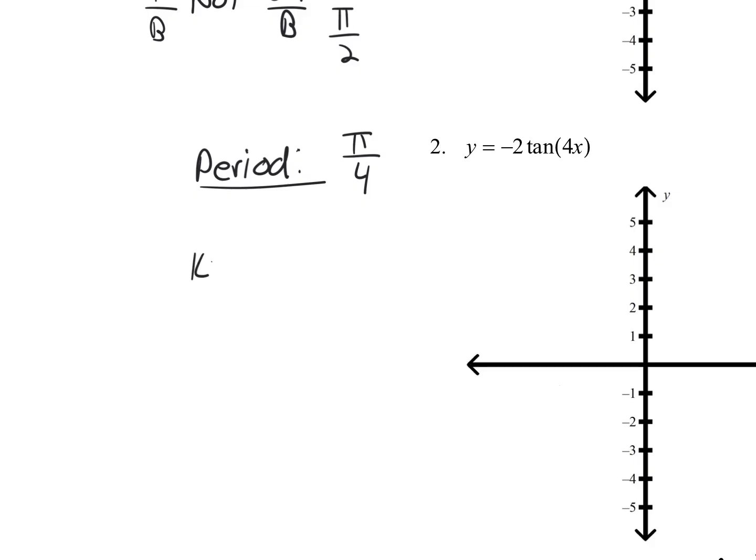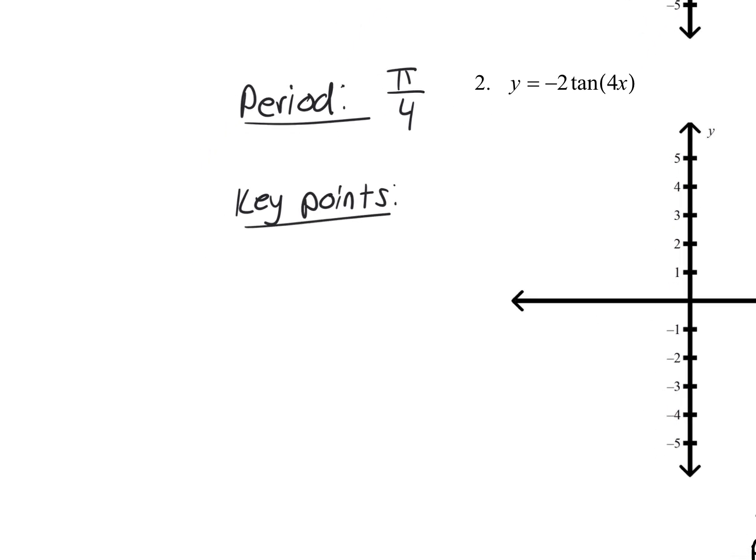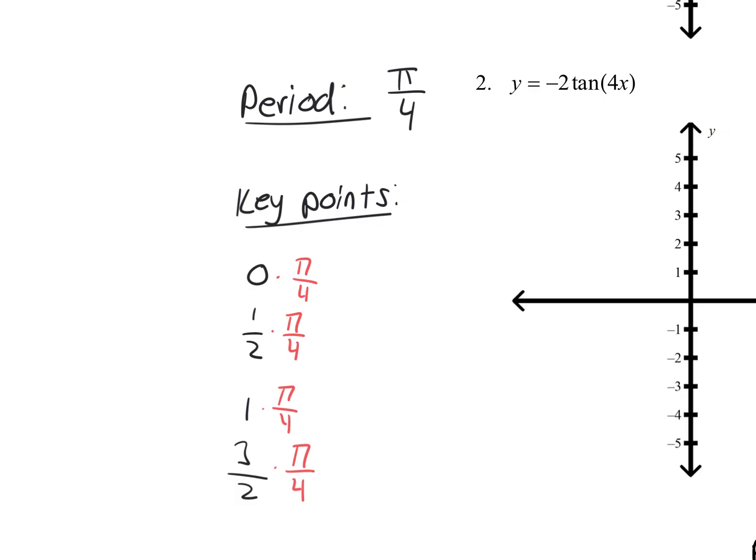And then just like with any other graph, I need key points, but what am I going to multiply by? Okay, halves, right? So I'm going to start at 0, a half, 1, and 3 halves. That's as far as you need to go. Then you multiply the period by each of these. So we get 0, pi over 8, pi over 4, and 3 pi over 8.